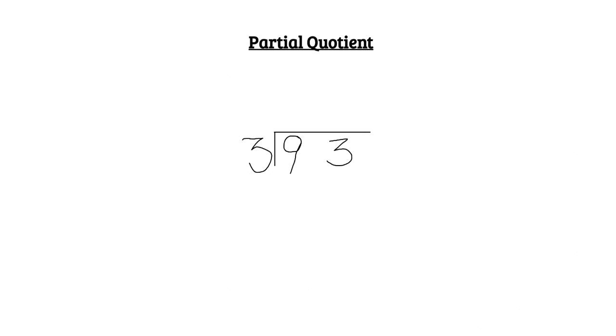And here's an even better question. 3 times what gives you a number that is not greater than 93? That's your only goal. You can multiply any number you want to as long as the product, which is the answer you get when you multiply two factors, is not more than 93, you can use it.